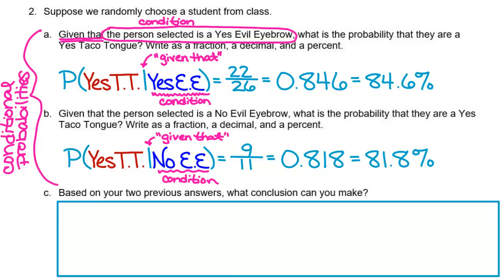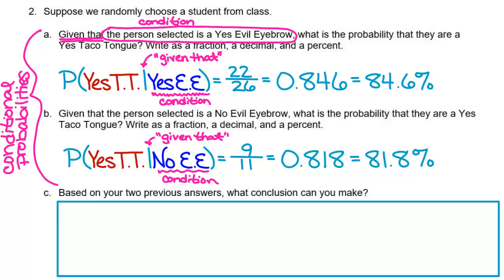A lot of times when we're talking about conditional probabilities, they will use the words given that. Sometimes they won't. And sometimes it doesn't come at the beginning of the sentence. But when you have a given that situation, one of the events that you're looking at, you already know whether it happened or not.